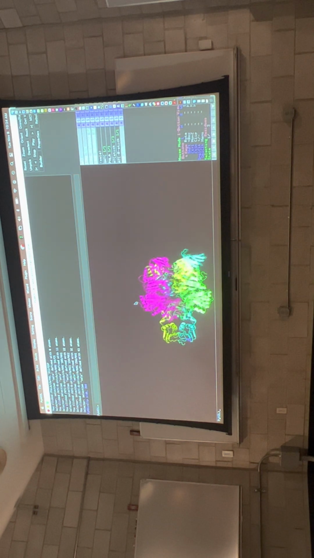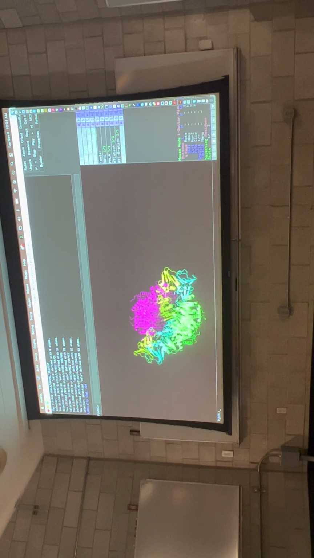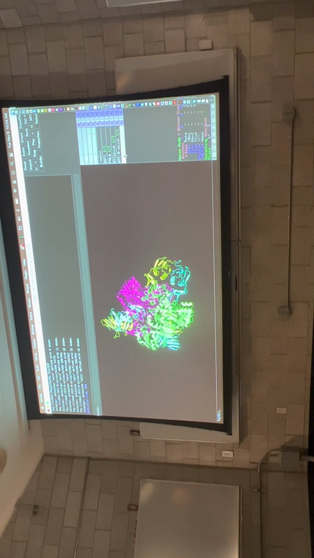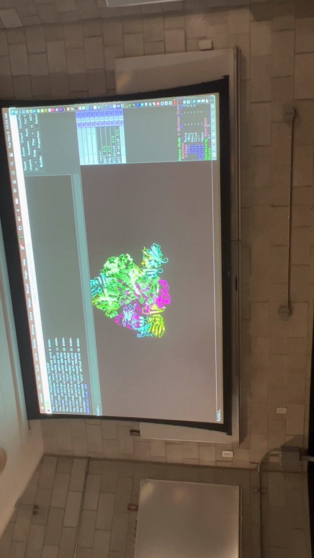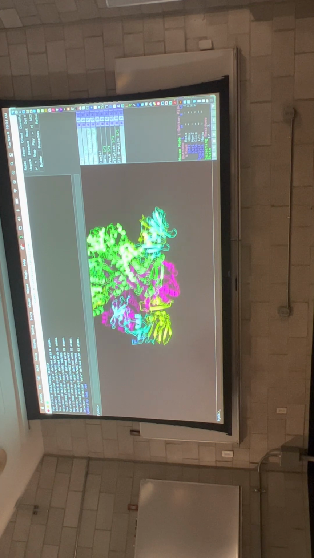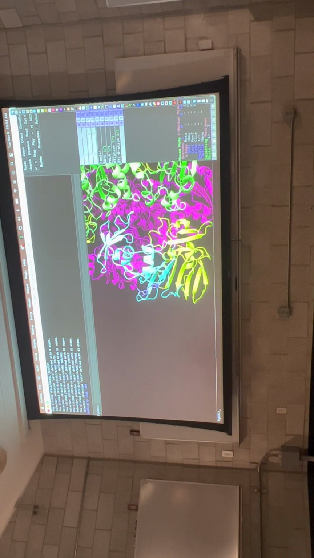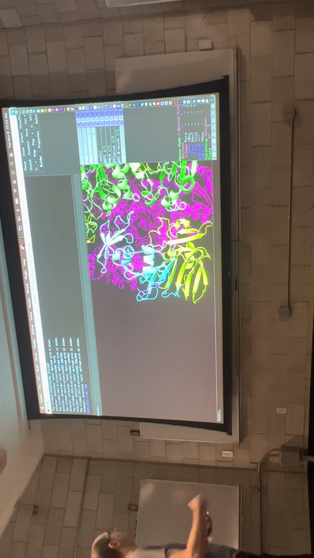CTP is a negative allosteric effector of ATCase. And so how does that work? I mean, CTP binding does not occur at the active site. So everything we just talked about can't really be the mechanism. There's got to be a distinct mechanism. And that's where these regulatory domains are going to come into play.